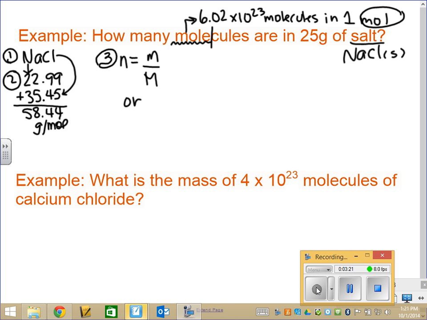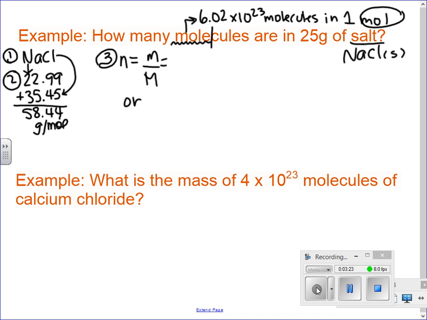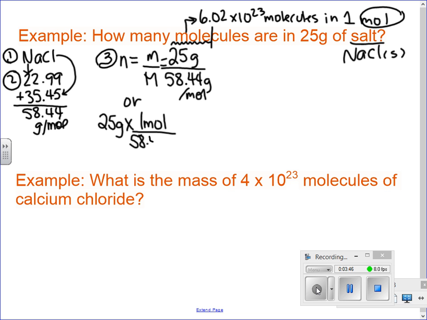Whichever you prefer. If I use the formula, I'm going to take 25 grams and divide it by 58.44 grams per mole. If I use the unit canceling method, I'm going to take 25 grams and multiply it by the ratio between grams and moles. I know that for 1 mole, there is 58.44 grams.